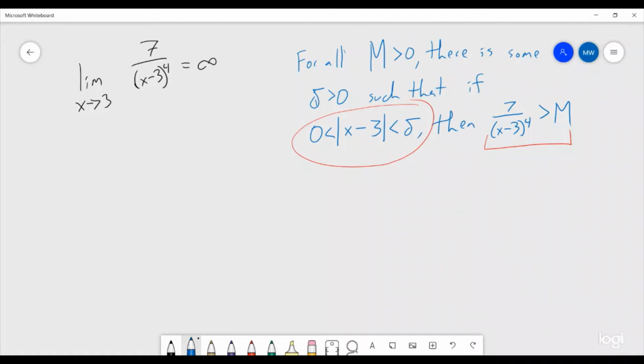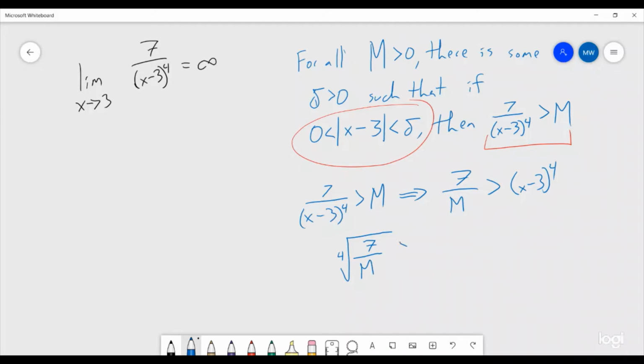So we have 7 over (x minus 3) to the fourth is greater than M. This tells us that 7 over M is greater than (x minus 3) to the fourth. Let's take the fourth root of everything. So the fourth root of 7 over M is greater than the absolute value of x minus 3.